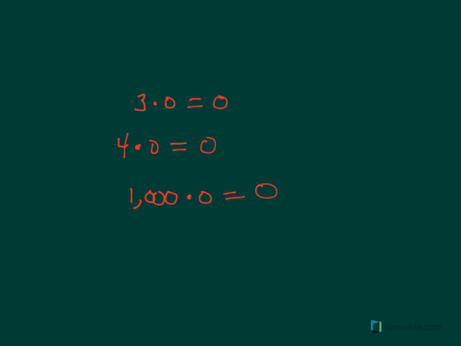So if you had something that was unknown, for example 7 multiplied by some unknown value, call it x, and we know it's working out to be 0, what would x have to be? Well, we know anything times 0 will make the 0 that we're looking for, so in this case x would have to be 0.